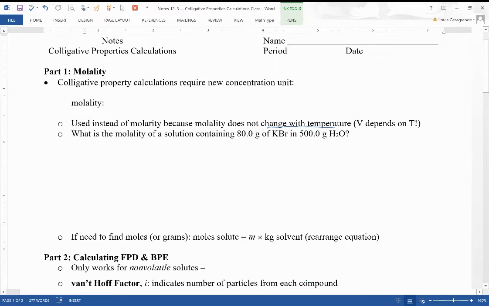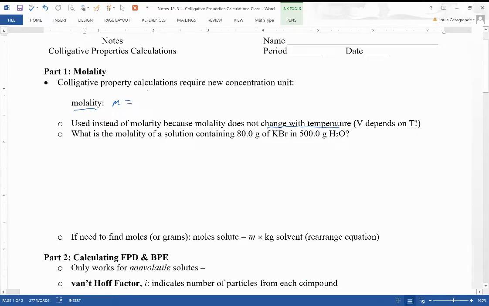Molarity changes with the temperature, so we're going to define a new unit of concentration called molality. Molality is usually given by lowercase m, and in cases when I can type this out, it will be italicized. It's very similar to molarity.